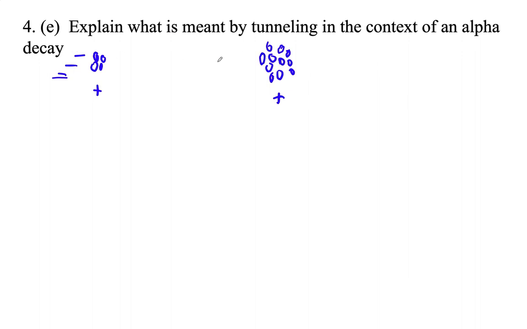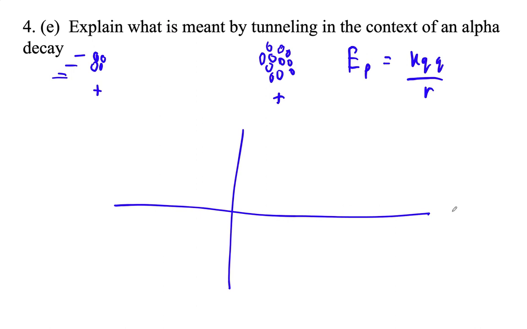This guy's being repelled by this, and the potential energy of that alpha particle is given by K Q1 Q2 over R. If we draw that curve, where this is distance in meters and this is the potential energy, that curve just does this until you reach the radius of the nucleus.